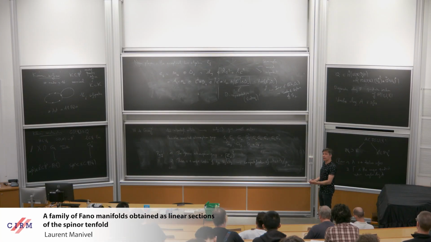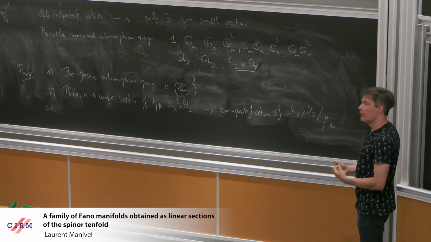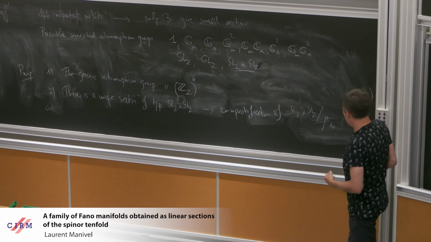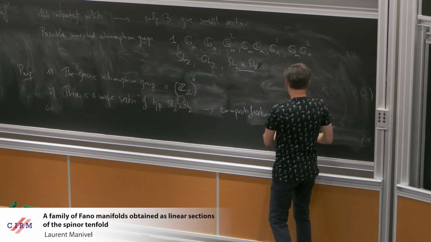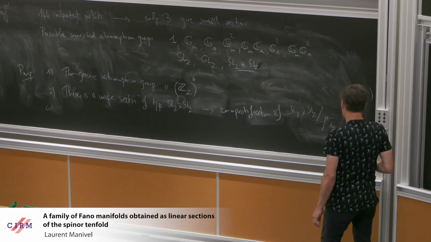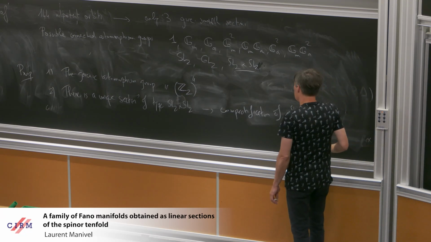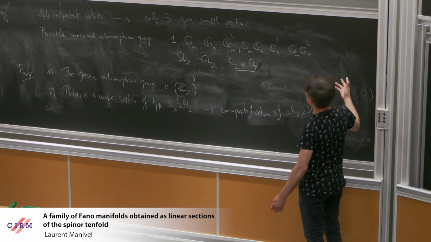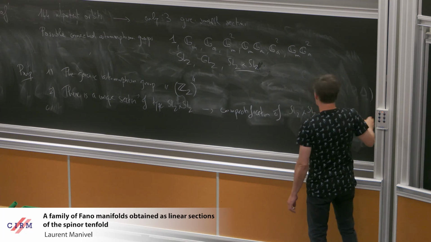So if you know the classification of Fano threefolds, it's a bit similar to the Mukai-Umemura example. You have a family and a unique member, which is a compactification of SL2 modulo a finite group.